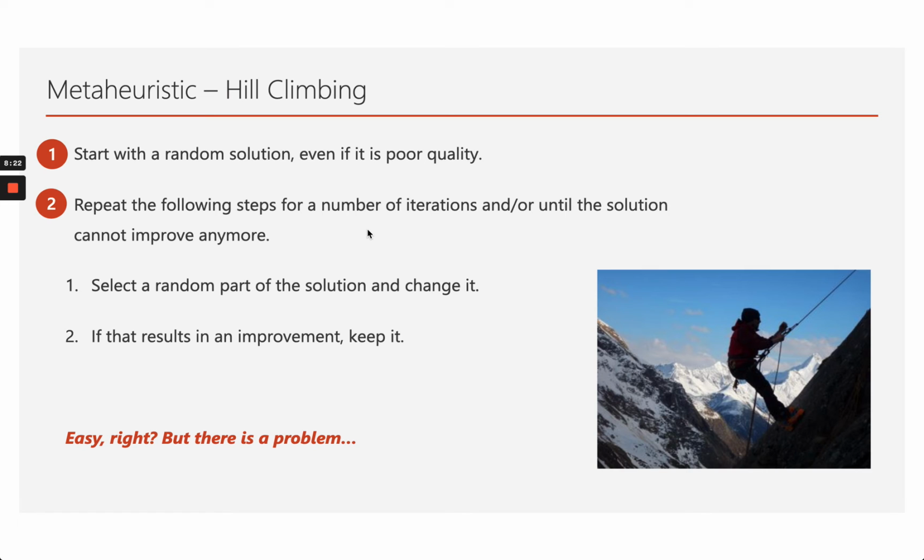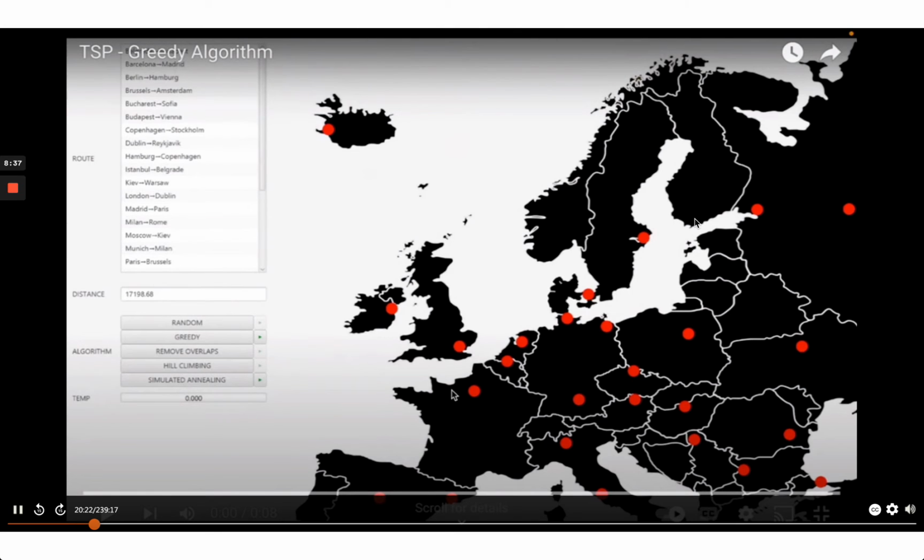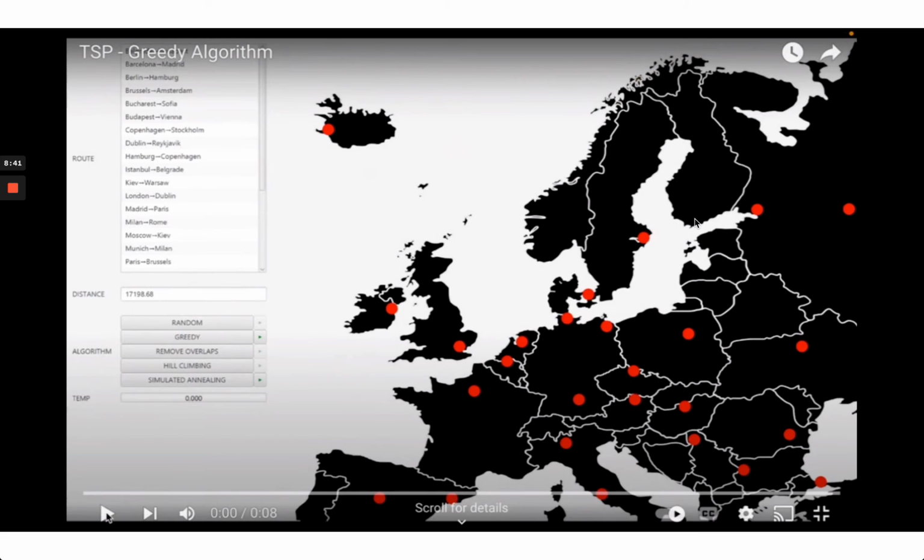So let me show something right here. I'm going to do a few demonstrations, and I want to do it in the shortest round trip tour possible. So the most naive way you can approach this is you can just start at a random point and then jump to the next closest point, to the next closest point, the next closest point.